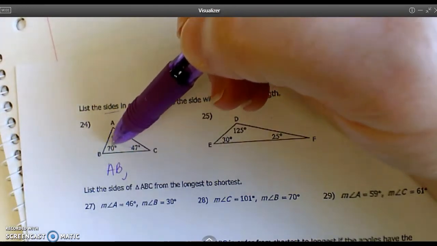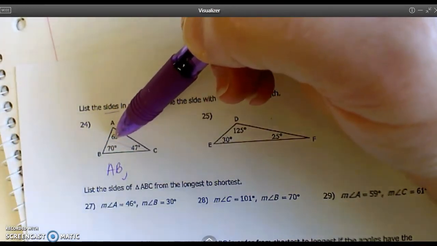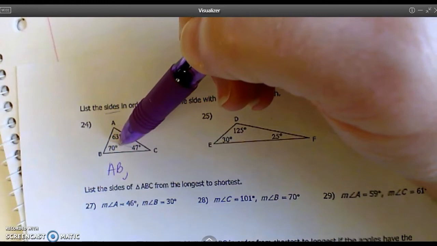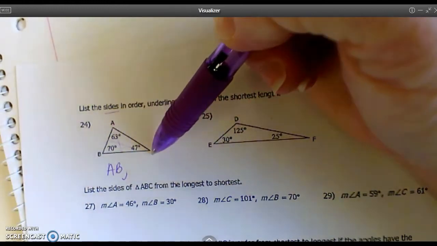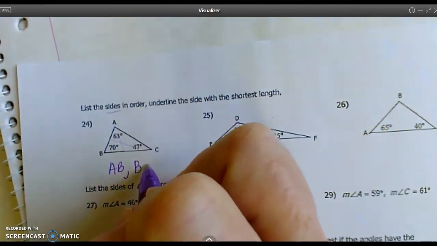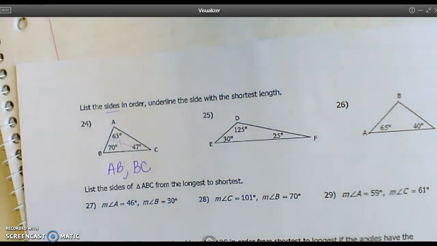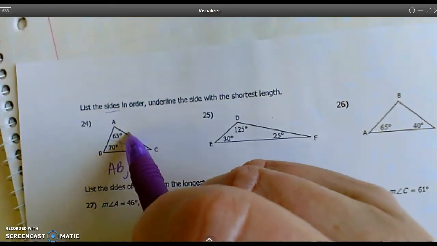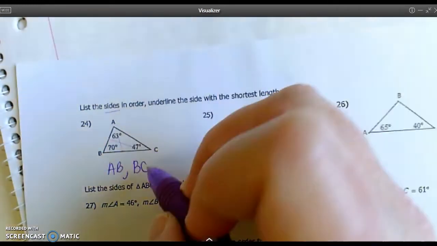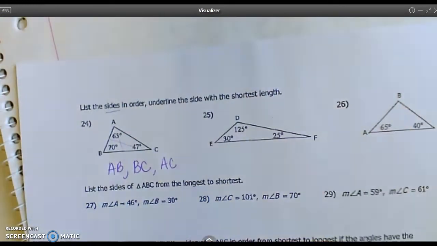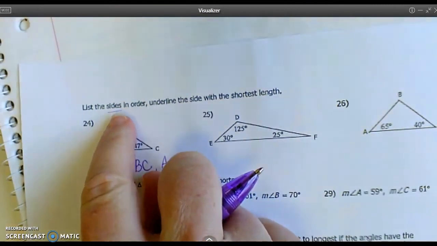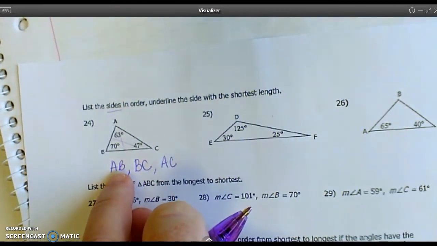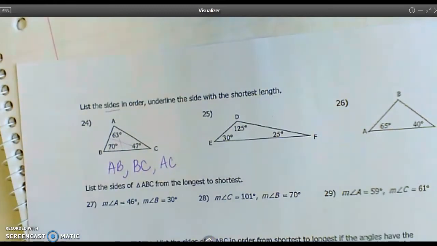Okay, then I look, I've got 63 and 70. Well, 63 is next. Go across from 63, you get B and C, so B and C must be next. The last one is the 70. Across from 70 is AC, so AC should be next. So when they say list sides, you're listing 2 letters because 2 letters represent a side.